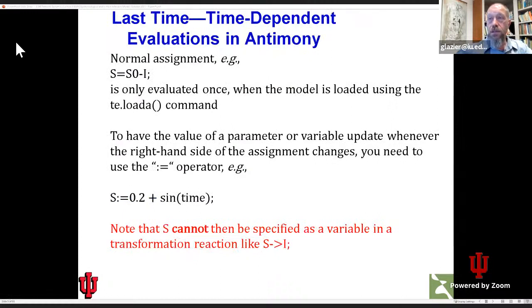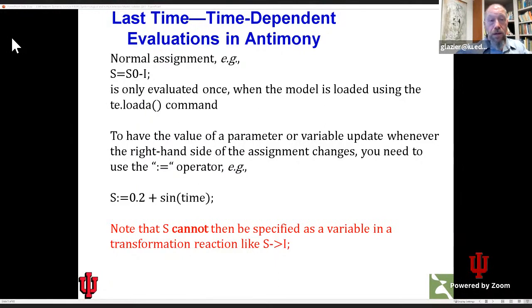And then we also saw this example of continuous time updating. Example here, s := 0.2 + sine of time. Again, the key point here is that Antimony is not a programming language, it's a model specification language. It's turned into a program when you load it with that te.loada, and all those arithmetic and mathematical operations are evaluated only at the beginning when you do the load.